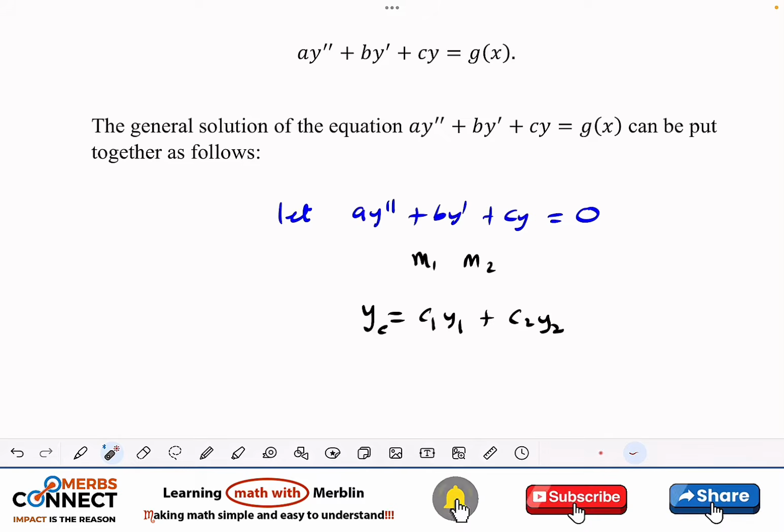When we are done, we need to find another solution, which we call the particular solution. We will go through the process of learning how to find a particular solution.